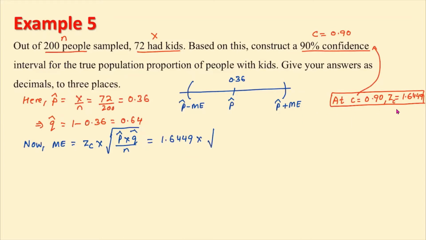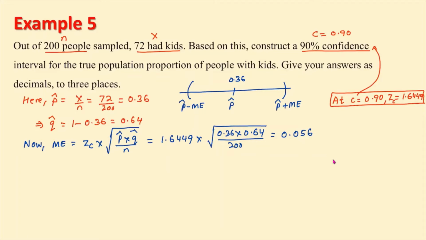Multiplied to the square root of P hat is 0.36, Q hat is 0.64, divided by N is 200 people. Now, if you simplify this using calculator, you should get 0.056. We are asked to write up to 3 decimal places, so 0.056. So make sure you type this in your calculator and verify that this is true.